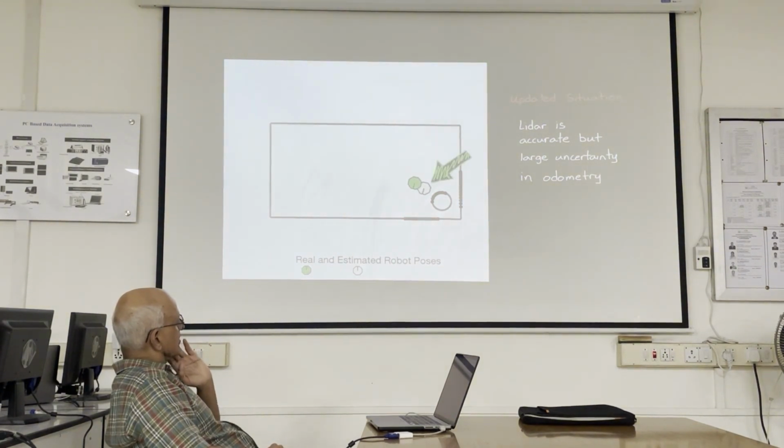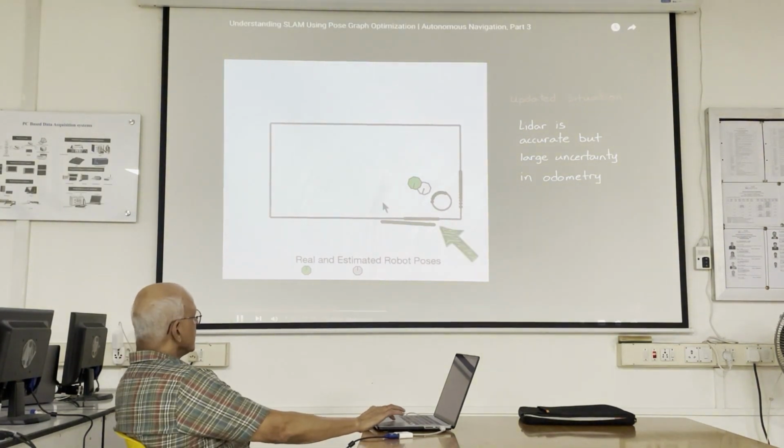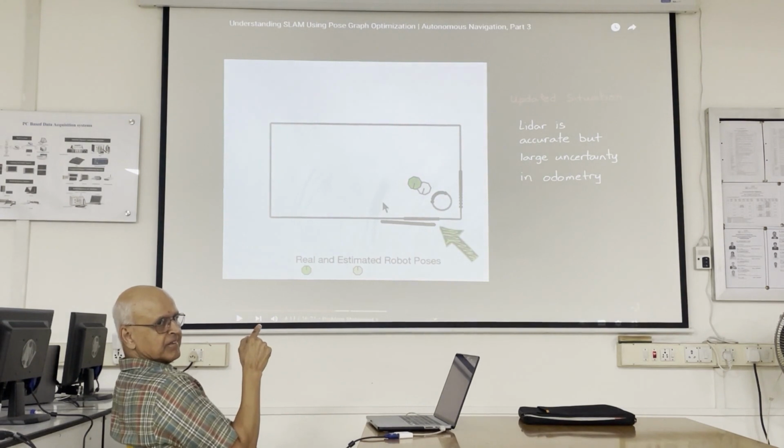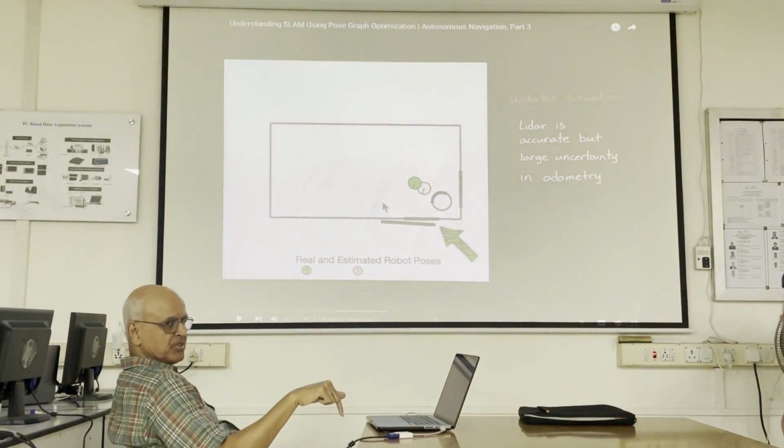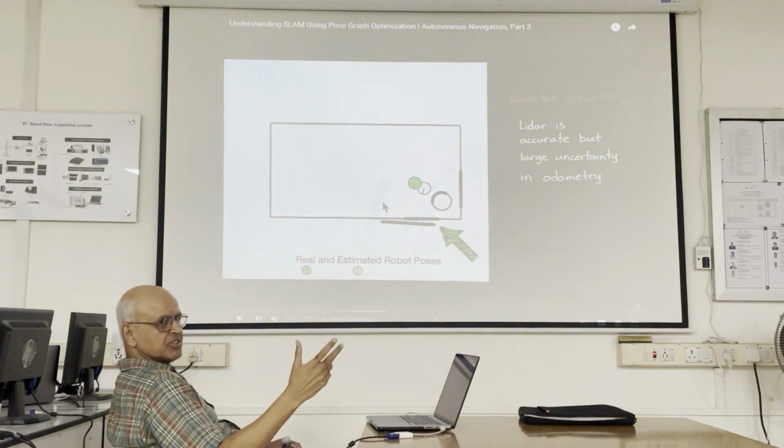Except this time the estimated pose is different than the real pose. So the LiDAR returns some relative distances to the wall that the real robot sees, but we can only assume that it's relative to the estimated robot pose, since that's all we know. This places the two measurements inconsistently, because we can only assume that the view is from the odometry position, since the real position nobody knows.